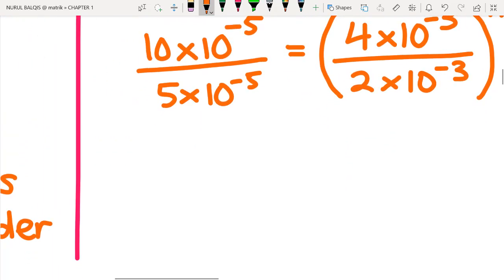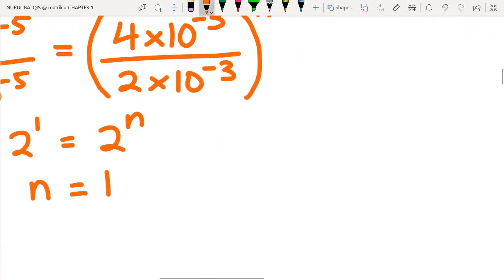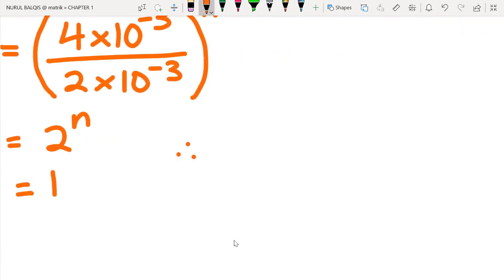Alright, so we're gonna get 2 is equal to 2 raised to the power of n, so n is unique. So lastly, we got n is equal to 1. Therefore, we could conclude that concentration of H2 is first order.